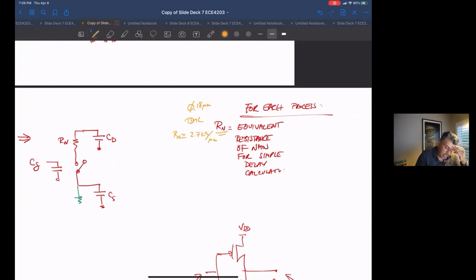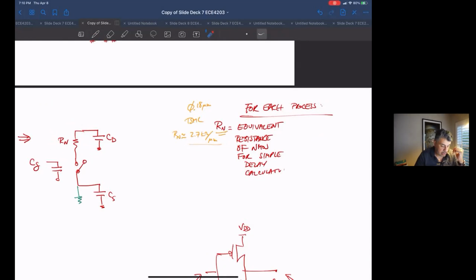So you can use that, right? If you have a 1 micron wide device, you use a resistance of 2.7 kilo ohms. If you have a 10 micron wide NMOS device, use a resistance of 270 ohms. So the wider you make this device, the resistance goes down by the width, just directly ratioed.